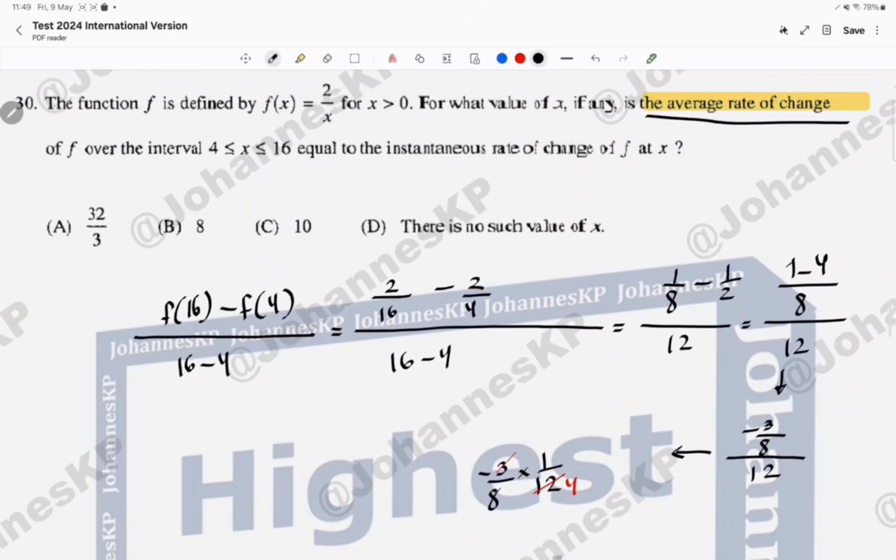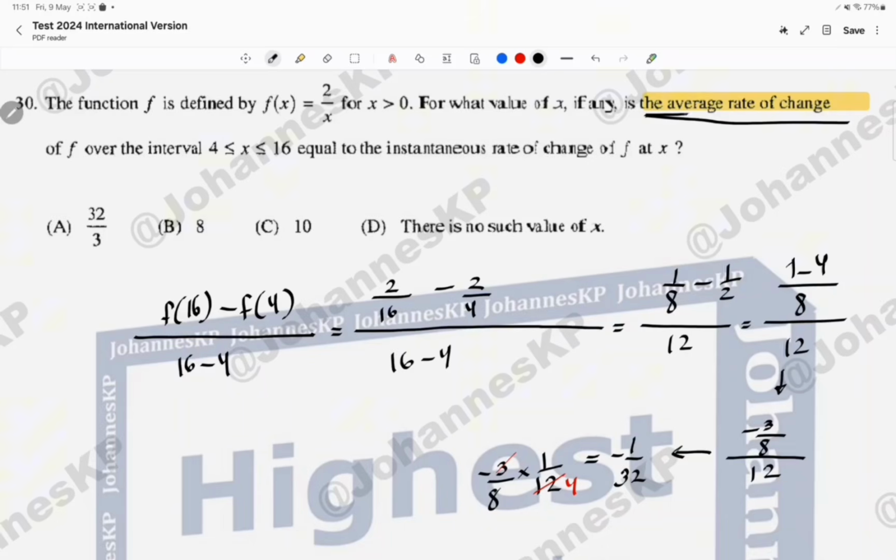Did I make a mistake somewhere? 2 over 16. Where's my mistake? Okay, so 2 over 16. I did that. 2 over 4. Actually, no, there's no mistake because this question is 2 steps, so we're good. So we're going to get minus 1 over 32.